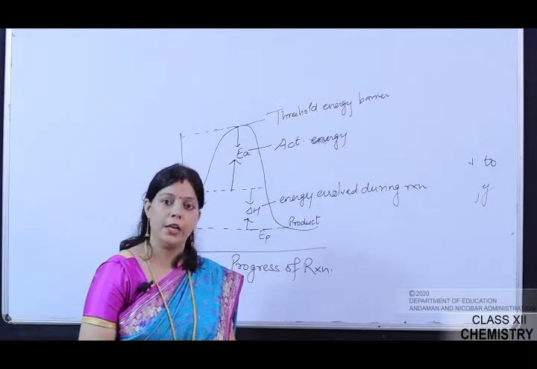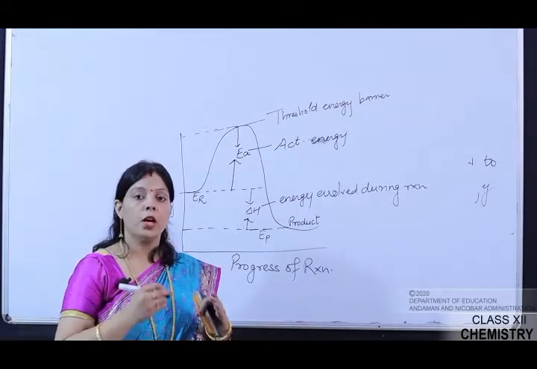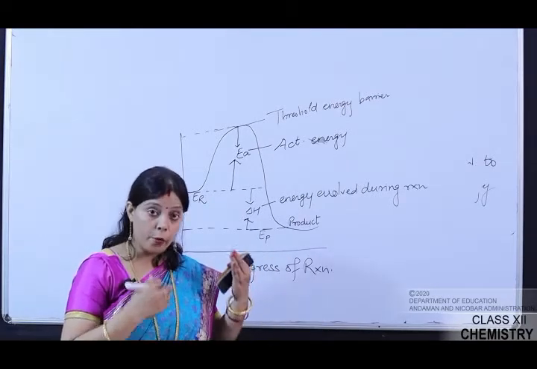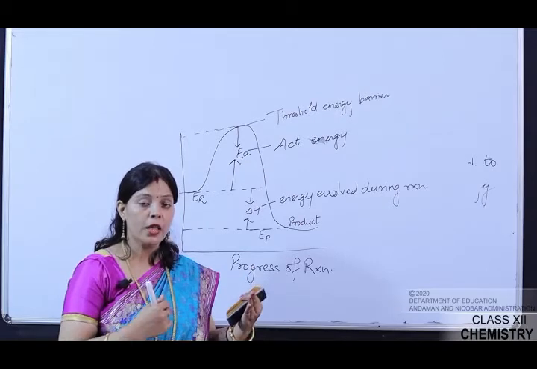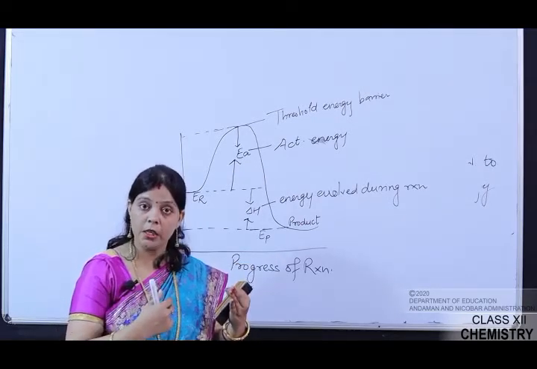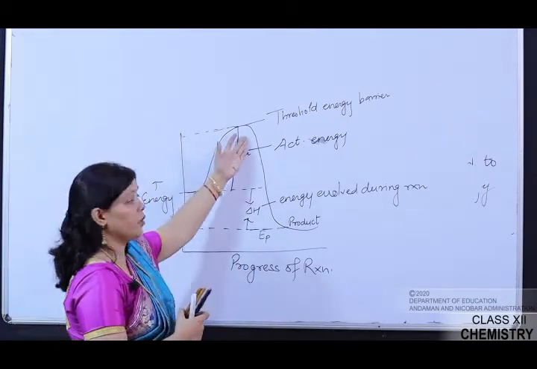Threshold energy is the energy which is required by the reactant molecules to convert into the intermediate, the energy required so that the reactant molecules can effectively collide with each other and form the intermediate, and the reactants do not have the threshold energy.